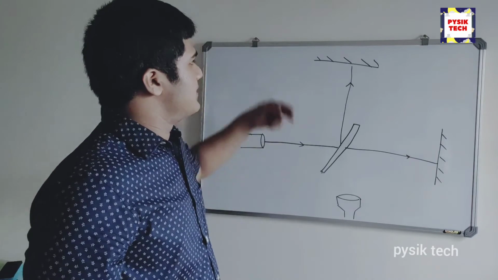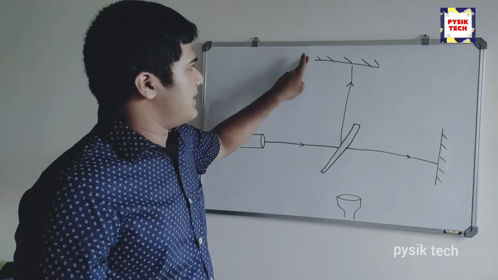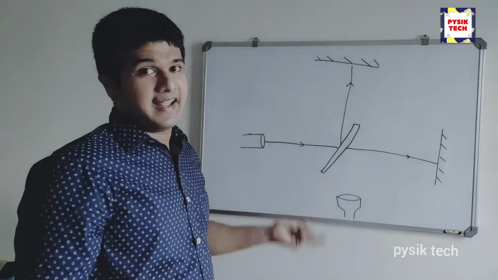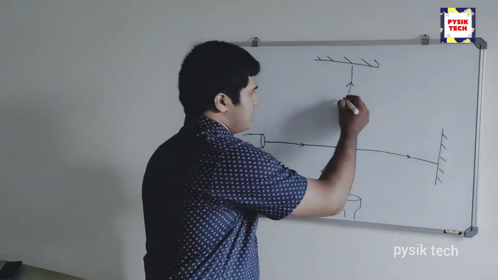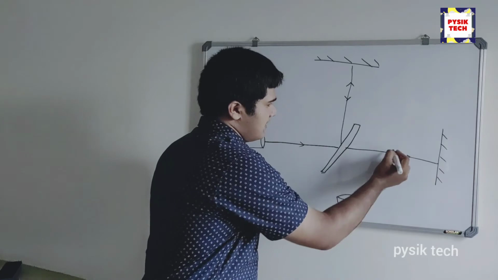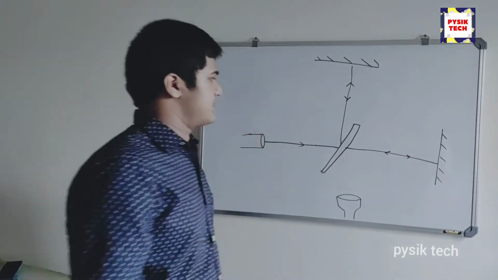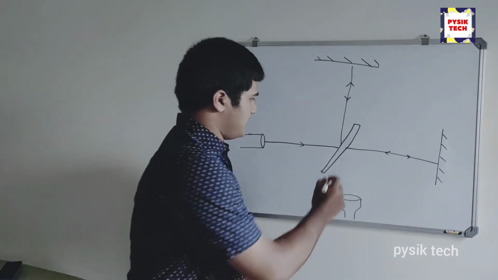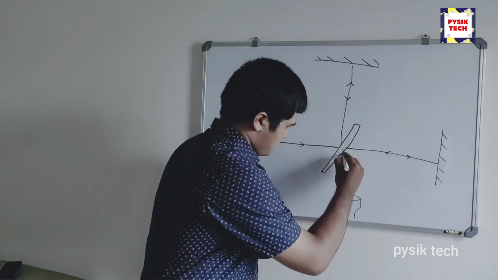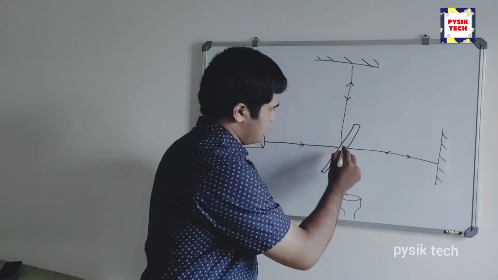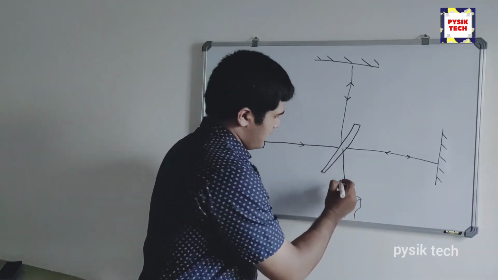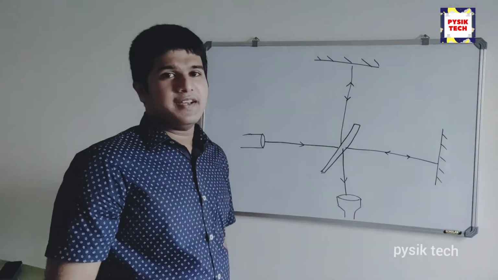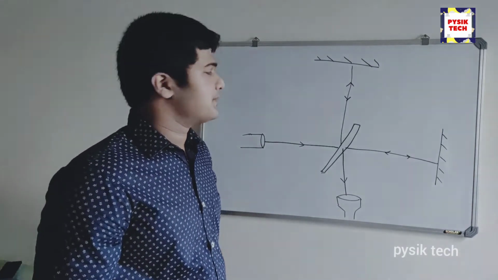After that, you know that a mirror can reflect a light ray. Then the light will come like this. Then here the light will join and we can get an output from the receiver.